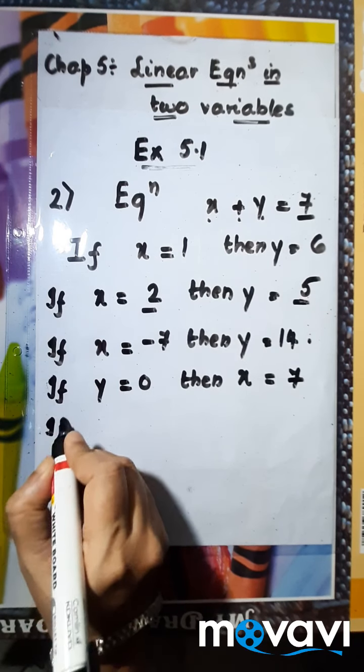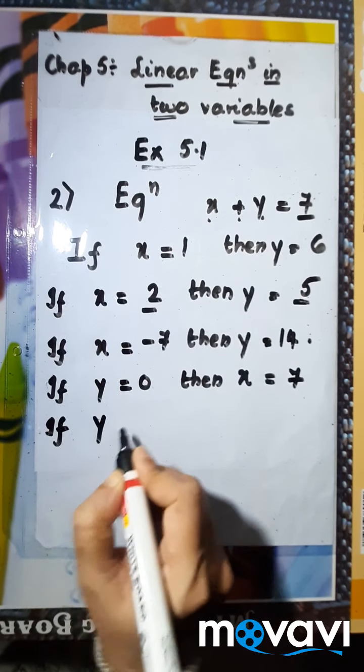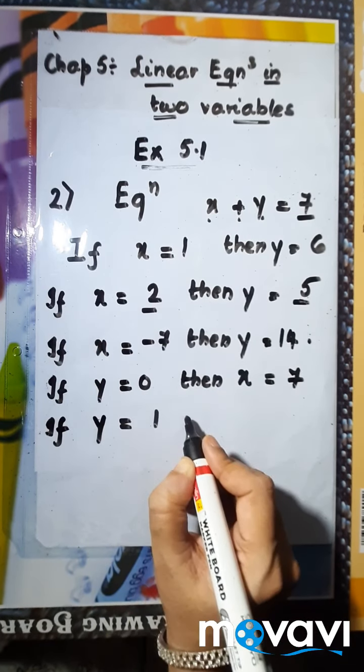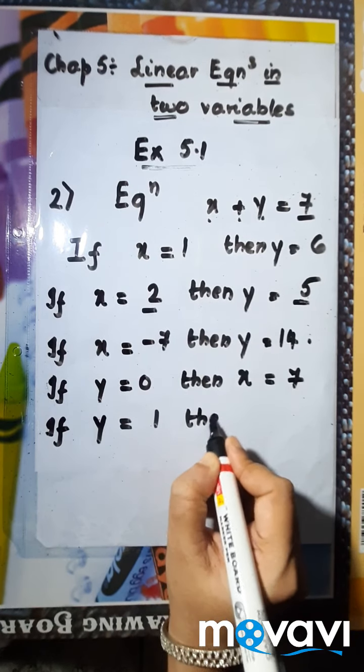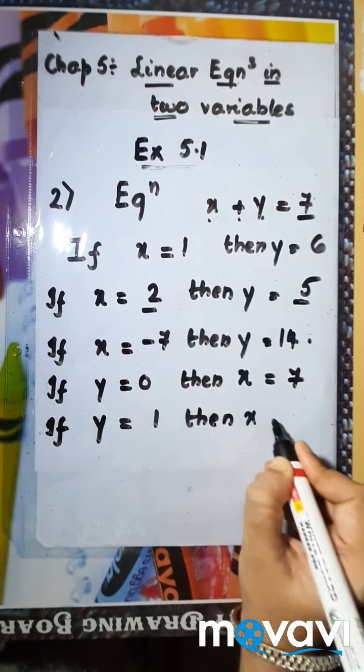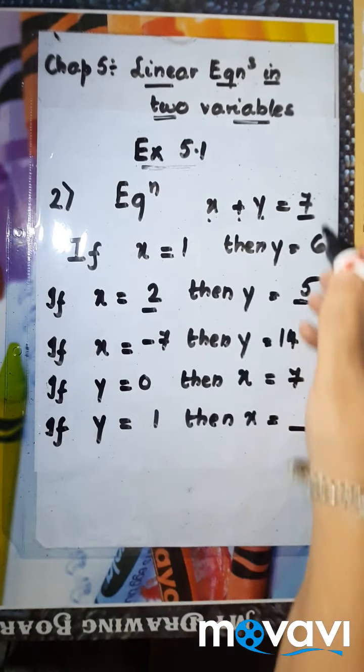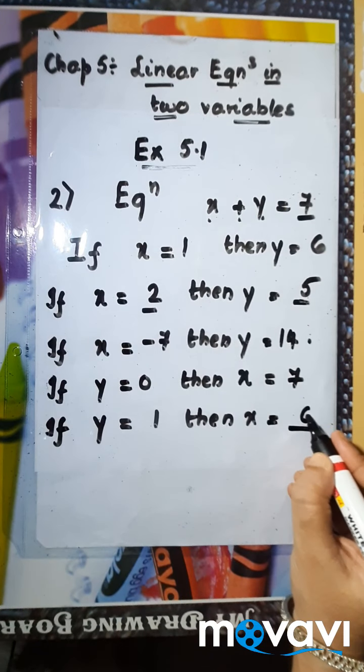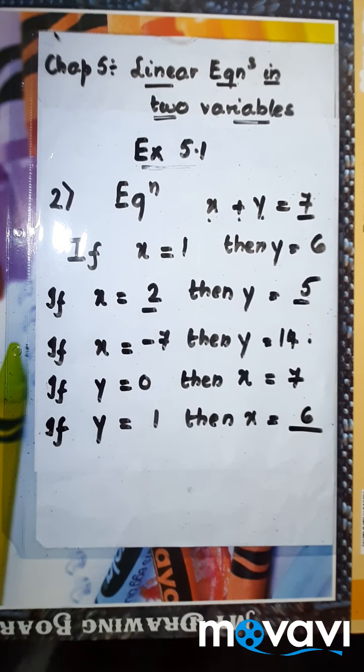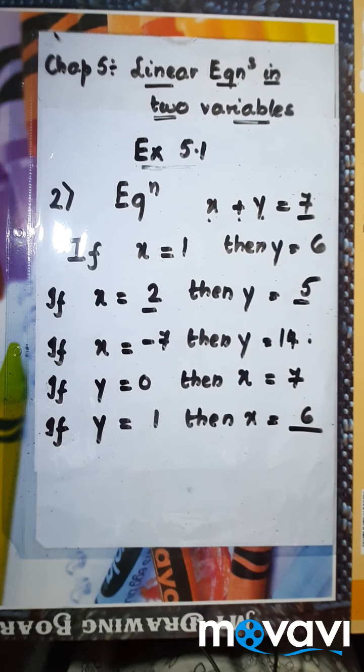Again, if I take y as 1, then come on, tell me the value of x. x is equal to 7 minus 1, that is 6. So these are my 5 solutions for the equation x plus y equal to 7. Now there are 2 methods.